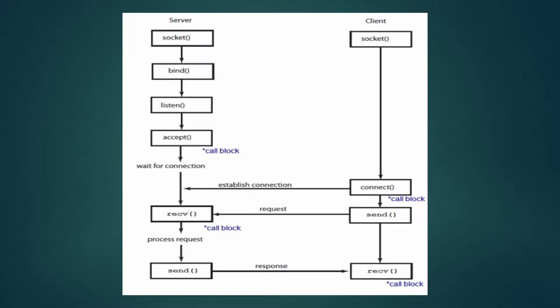Starting in the top left-hand column, note the API calls the server makes to set up a listening socket by calling the socket method, bind method, listen method and accept method. A listening socket listens for connections from clients. When a client connects, the server calls the accept method to accept or complete the connection.